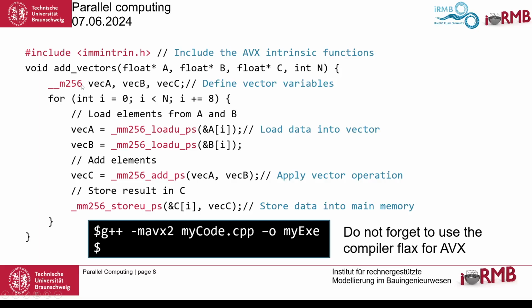There's no i and no d, so this means they will be interpreted as floating point vectors: vecA, vecB, and vecC. So here we are defining the vectors.